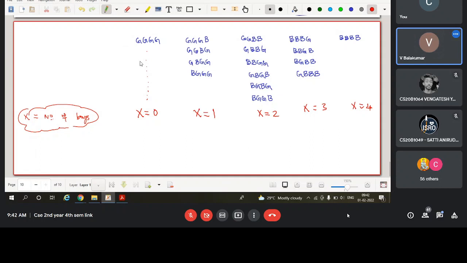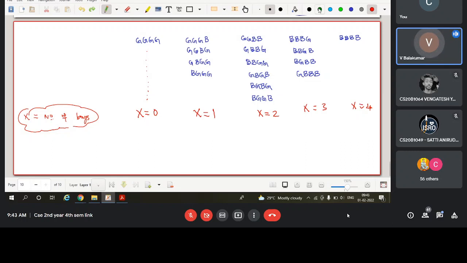Now, it's like 5 departments I have categorized, and each category is given a number based on this definition. Suppose you choose X equal to the number of girls, then capital X equals 4, 3, 2, 1, 0. When you consider a random experiment and its sample space, for each element in the sample space, you are giving a number.